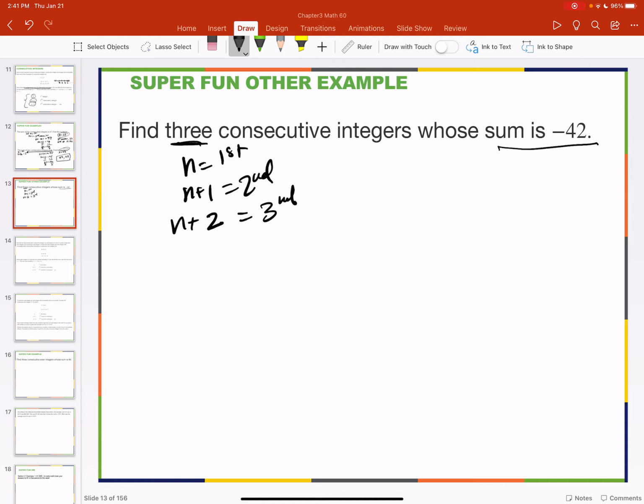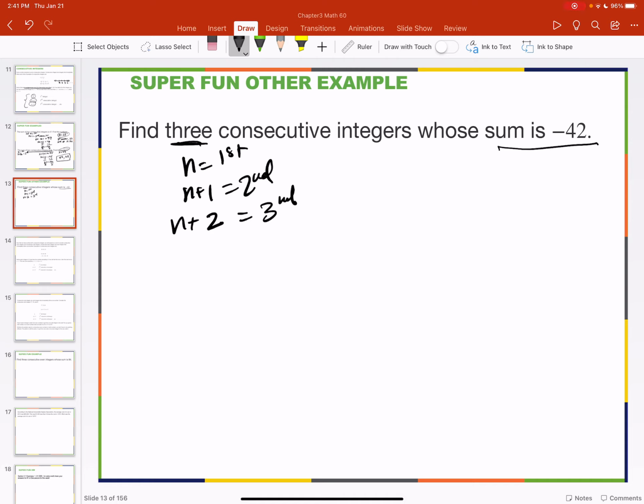The third one is going to be, you guessed it, negative 13. But you can go ahead and plug it into n plus 2 if you want. Negative 15 plus 2, you're still going to get negative 13. So think of it on the number line: if you have negative 15 here, the next consecutive integer is negative 14, and the next one is negative 13.